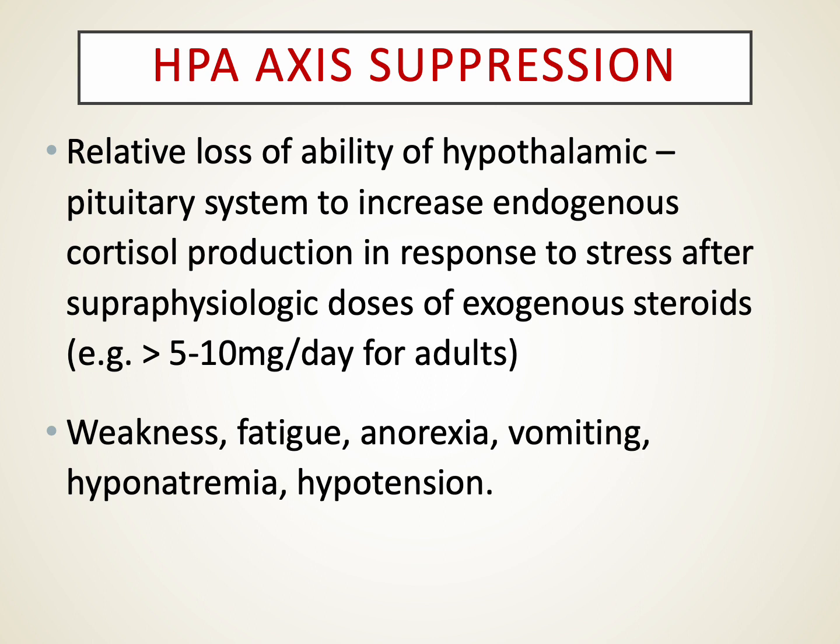We are aware of and concerned for the hypothalamic pituitary adrenal axis suppression with the use of corticosteroids, the loss of ability of the hypothalamic pituitary system to produce cortisol, and so you want to be aware of that and be concerned about that as a risk or an issue for therapy.